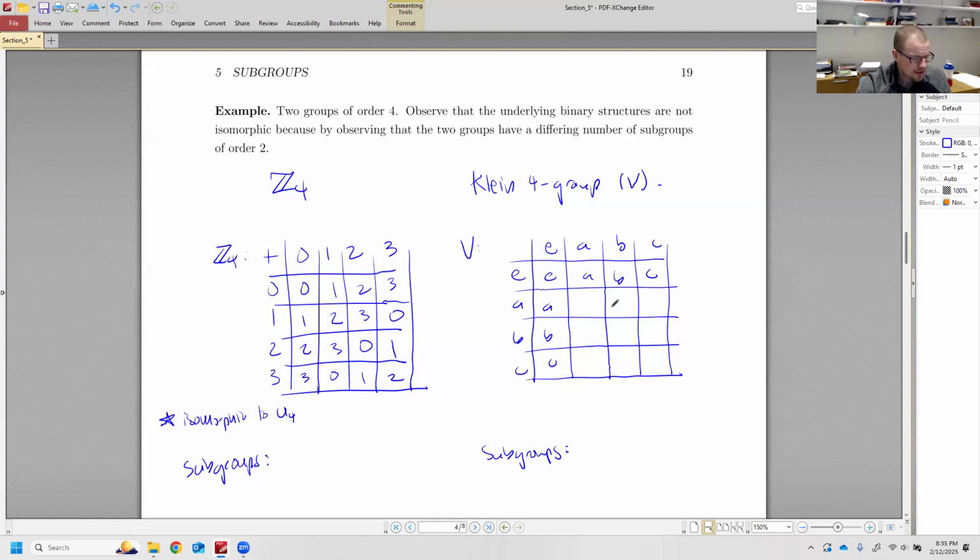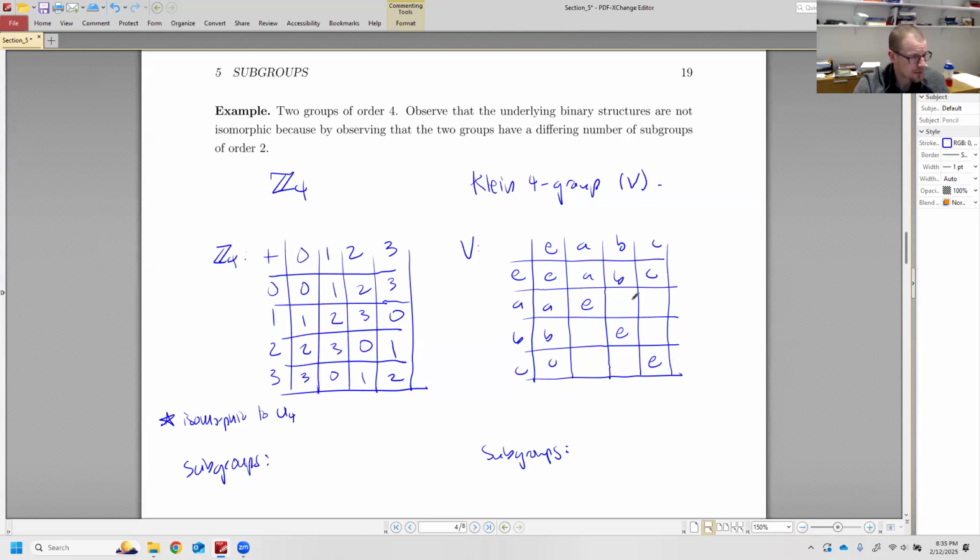So what have we got here? What I would like is that any element times itself gives us the identity. So I'm going to have E along the entire diagonal. Sorry, that's not row. Row, column, diagonal. Okay.